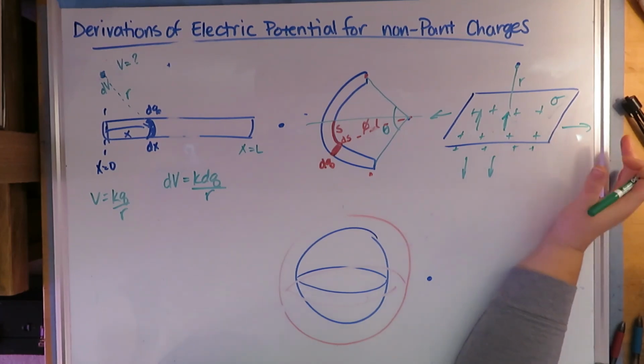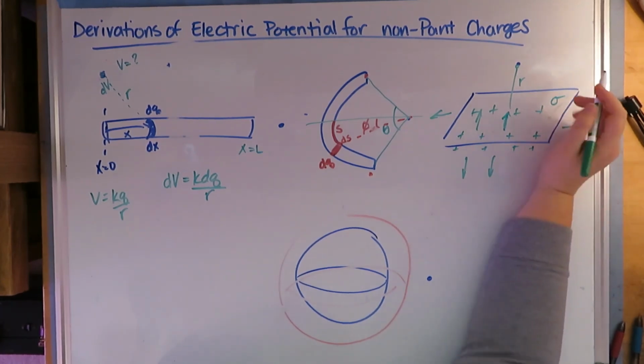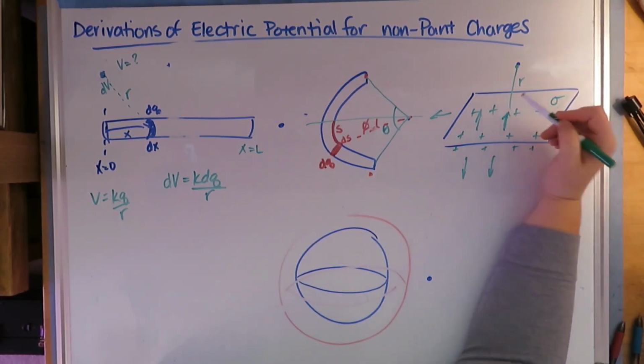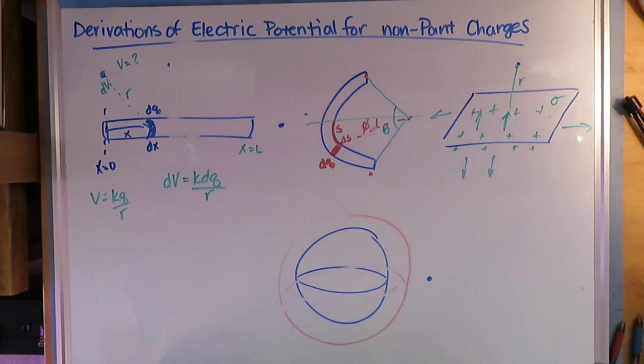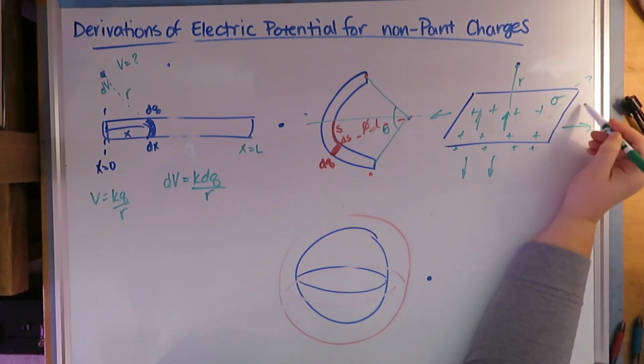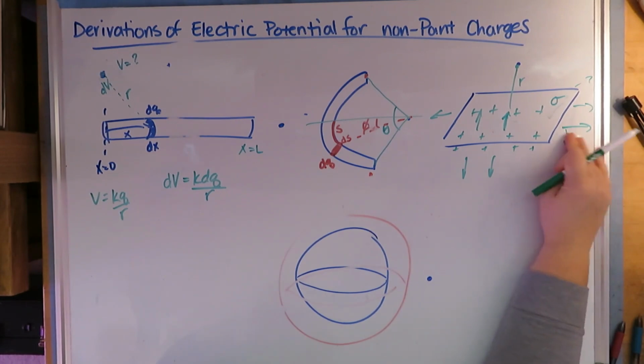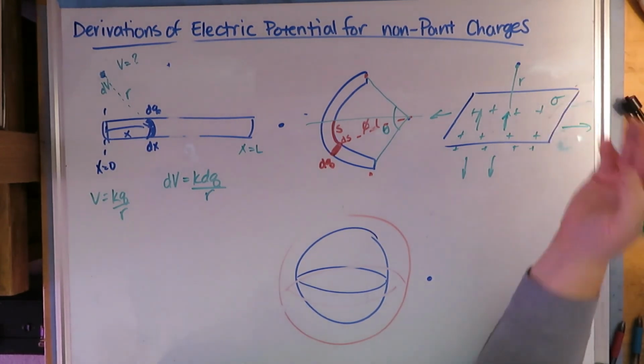They'll say either it's an infinite sheet or it's much larger compared to this distance r, so that you can ignore the fact that it radiates out at weird angles and so forth. So then you can just consider the top and bottom.